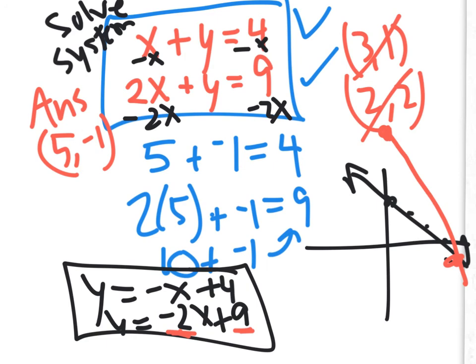So if you understand that right now, you're understanding why we're going to solve systems by graphing. Because one line represents all the answers of one equation, the other line represents all the answers of the other equation. So if you're looking for that single answer that works for both, you're really looking for that point of intersection.